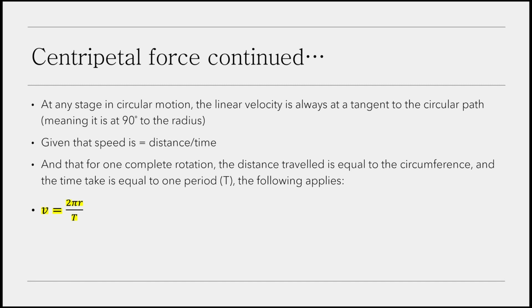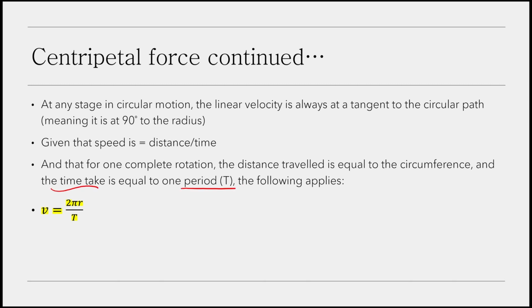For a single complete rotation, the distance travelled is going to be equal to the circumference, and the time taken is going to be equal to one time period, so the velocity is equal to 2 pi r, which is the circumference, divided by big T, which is the time period.